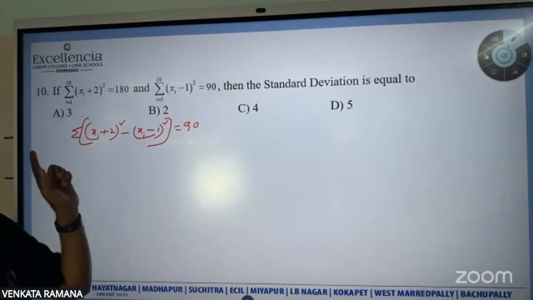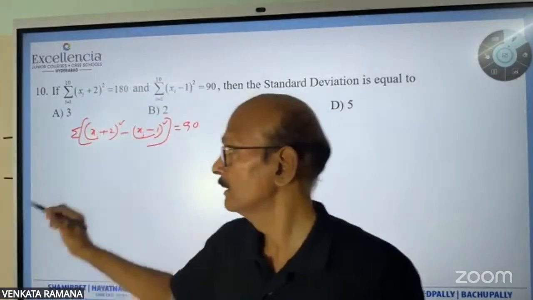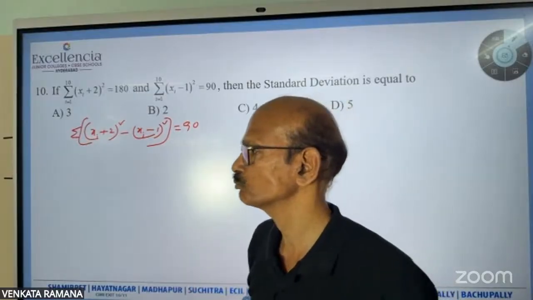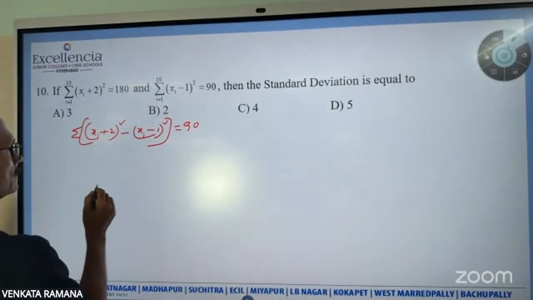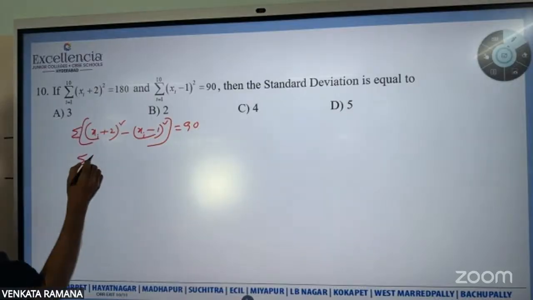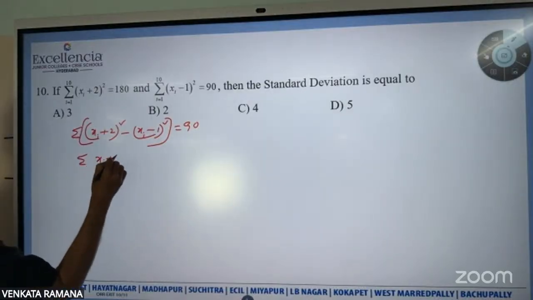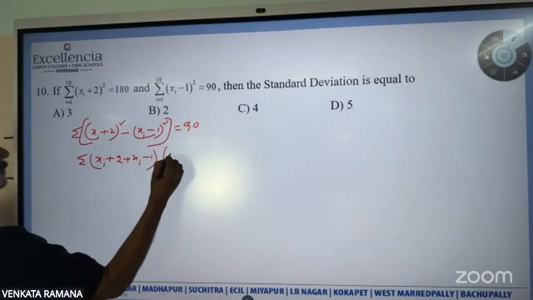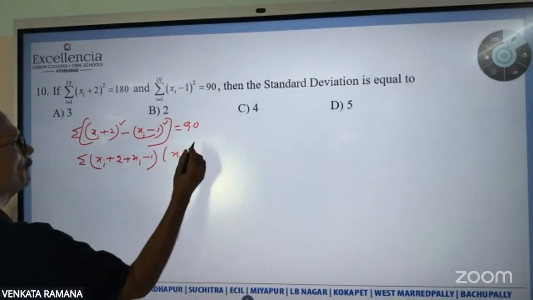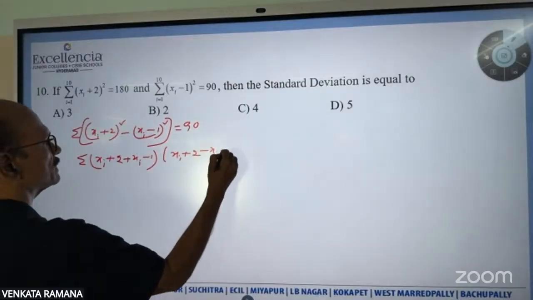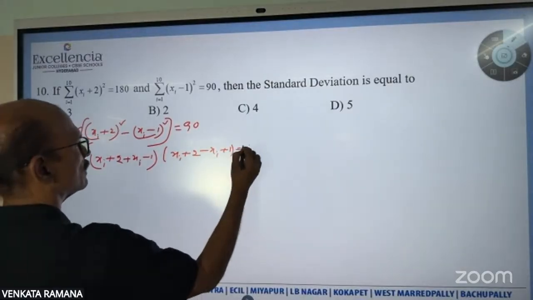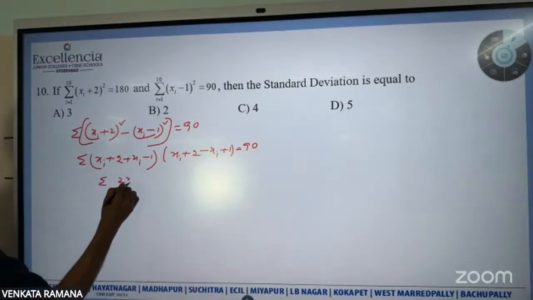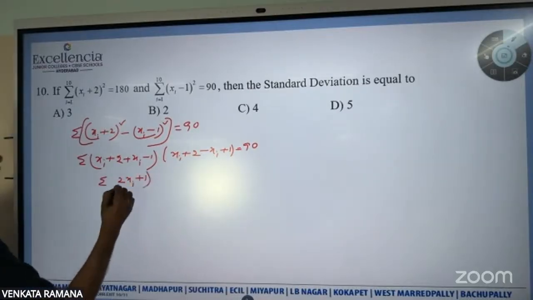Now it is in the form of a square minus b square, which is (a plus b) into (a minus b). So sigma of (xi plus 2 plus xi minus 1) into (xi plus 2 minus xi plus 1) is equal to 90. So that means sigma, this is 2xi plus 1.